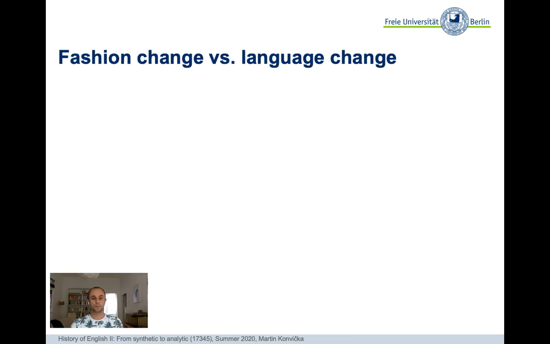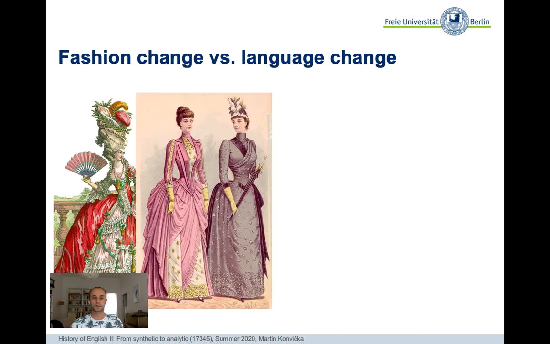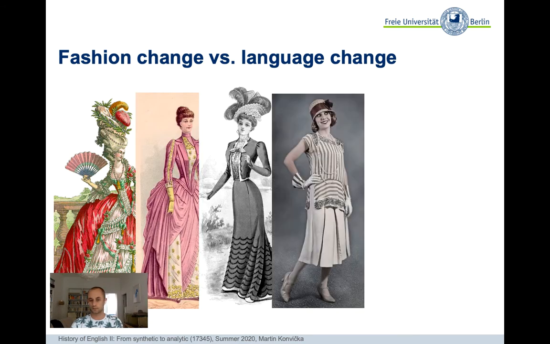And if we talk about fashion and language, we can also talk about fashion change and language change, right? So women used to wear clothes like that, but the way women dressed developed over time, right?